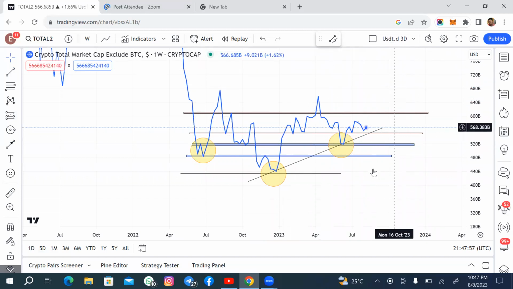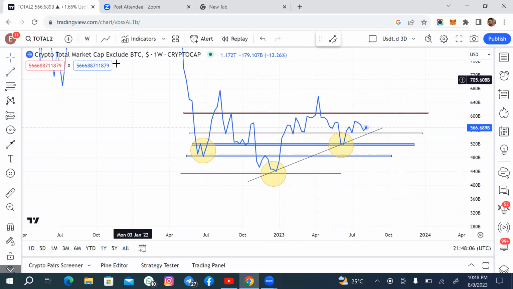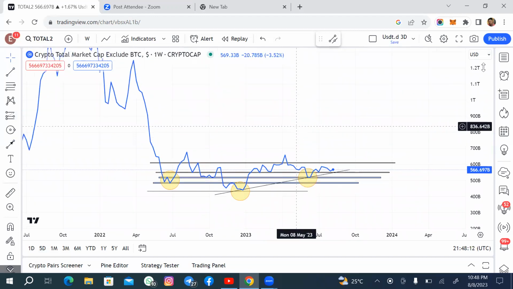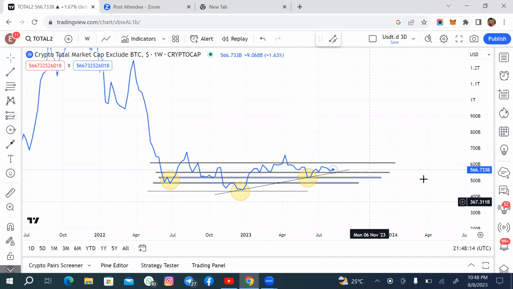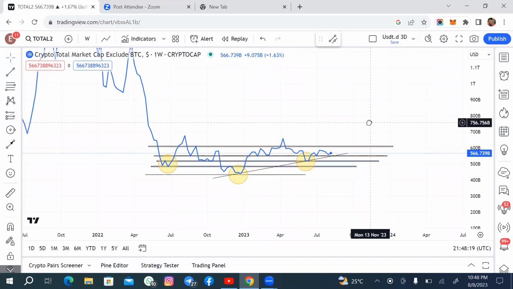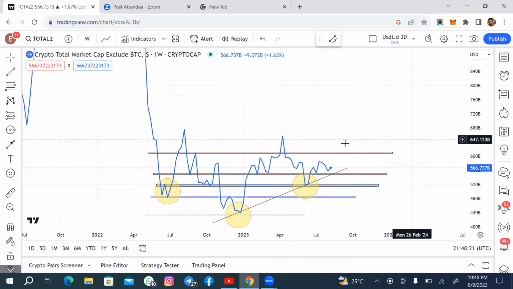So we're already in the alt season. Now, what do you think of doing? If I were you, I'd be thinking of coins that I need to start bagging right now, because when this explodes to the upside, it's going to go way up here. Imagine the volume. We're currently at 566 billion US dollars in total cap on Total 2.